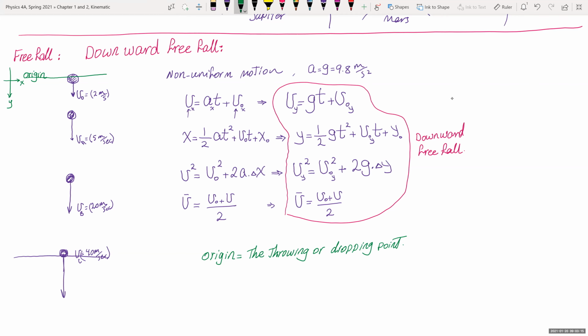Here y naught is 0, because it's the origin. It is the initial height, the initial position of the ball in free fall on the y-axis.